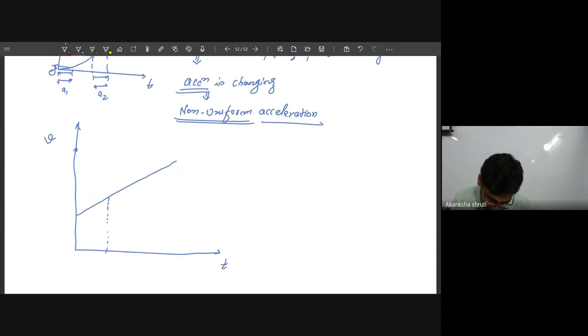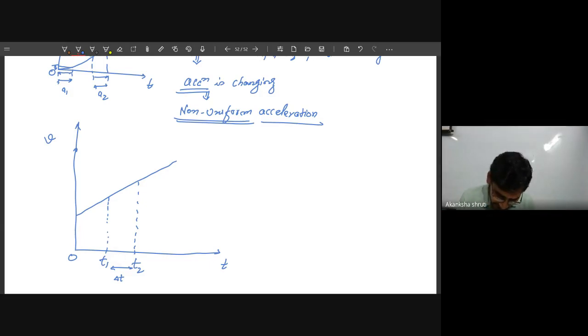T1 is some point on the time axis, and I am observing this up to the interval t2. So this will give us the delta t. Keep in mind t1 must have some value like 10 seconds and t2 must have some value like 12 seconds.